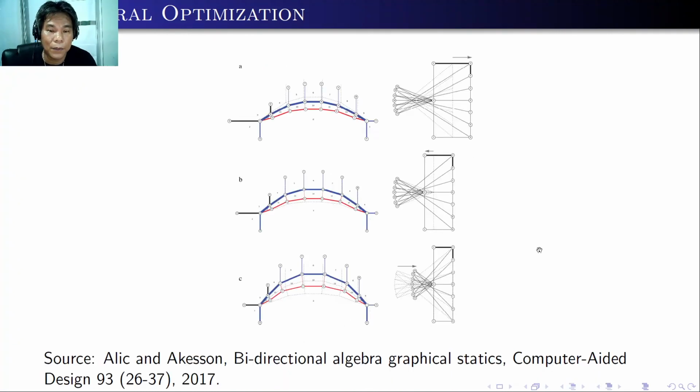And lastly, for this diagram, a curved truss can also be optimized using graphic statics. I hope you were able to see the beauty of graphic statics, or the graphical method, in solving the different problems of structures, or using this for structural optimization.